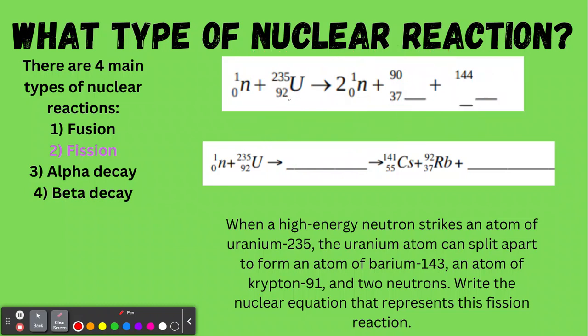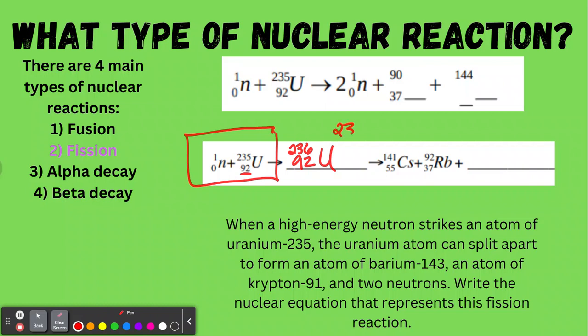Now we're going to look at this equation down here. So this one is kind of strange because it's having you split your fission reaction into 2 steps. The first step is you're going to add these together to get this product. So you're going to get a 236 here and a 92 here, and it's still uranium, okay, because my atomic number didn't change. Now on this one, we want to know what particle is over here. So now I'm going to kind of ignore this part, and I'm going to treat this like my equation.